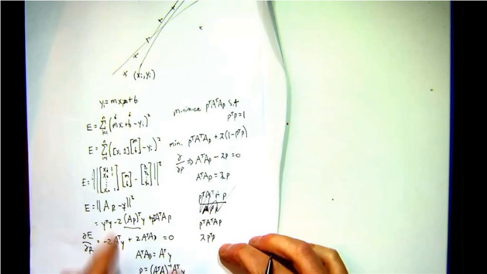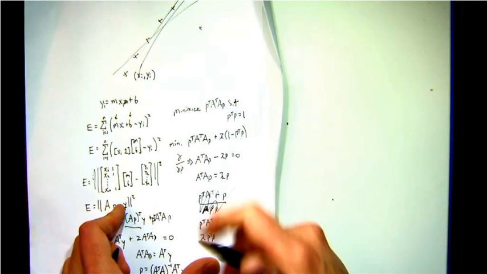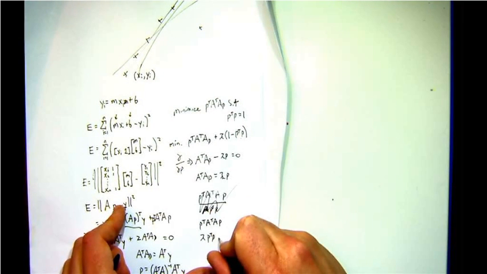And since p transpose p is equal to 1, because eigenvectors have a length of 1, this gives me that the value of the function that I'm trying to minimize is lambda. So in summary, the solution to this system of homogeneous equations is the eigenvector of A transpose A that corresponds to the smallest eigenvalue.